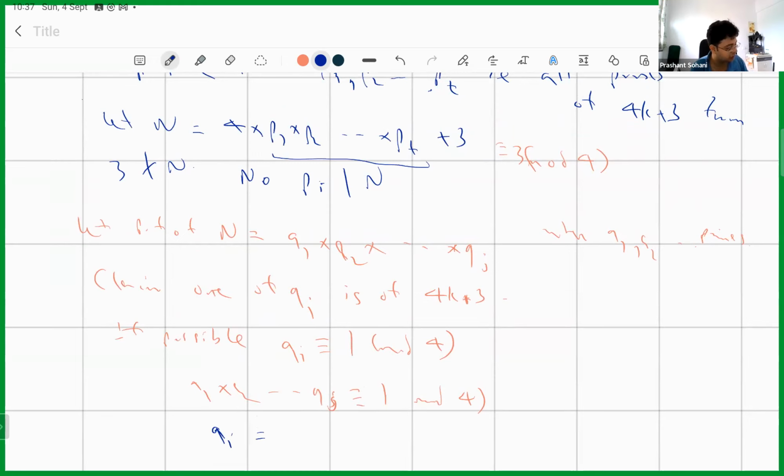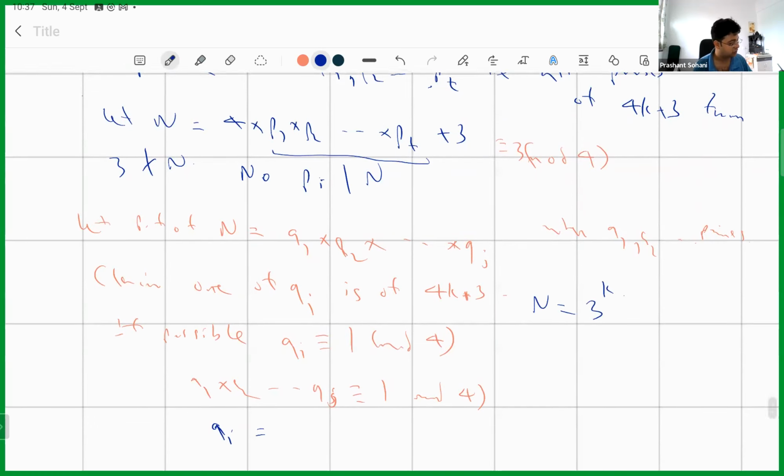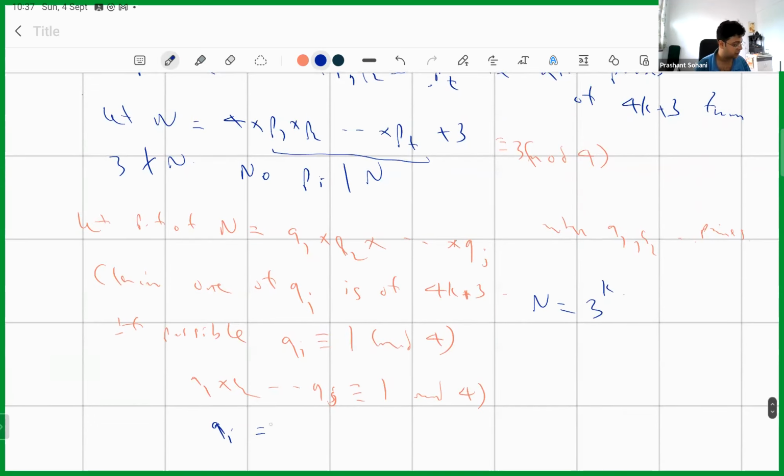So what if n is a power of 3? What if n is 3 raised to something? Then there will be a problem. So this qi is an element of this list, so qi is equal to some pk.